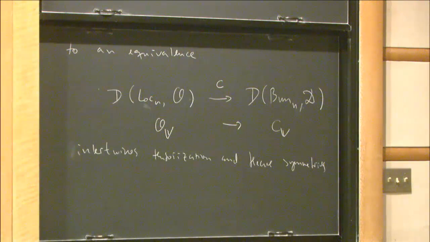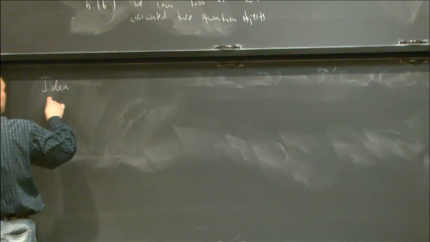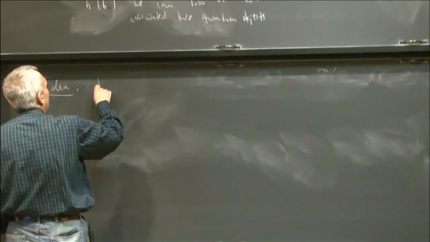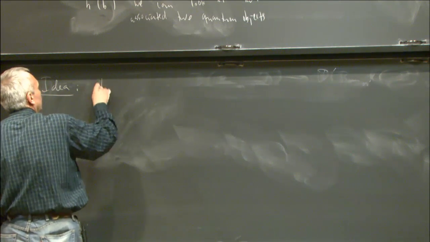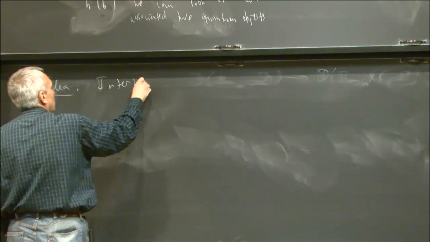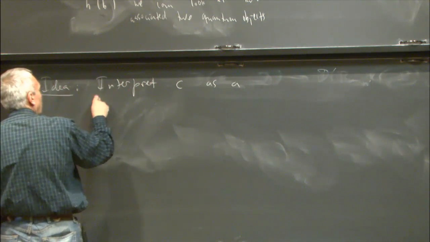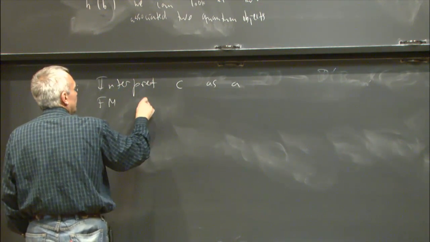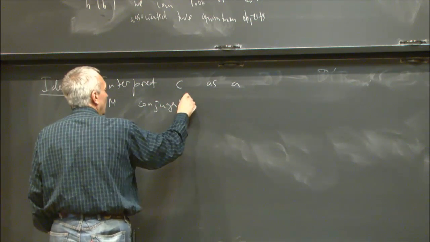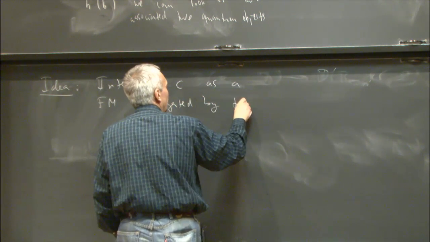And you can try to say that the idea or the program is: interpret C as Fourier-Mukai conjugated by two non-abelian Hodge correspondences.